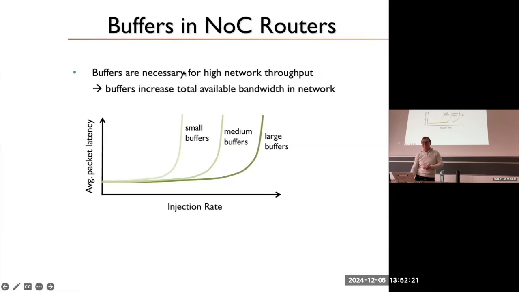If you have small buffers, your throughput will saturate early because you cannot inject enough things into the network. This is very intuitive, right? If you don't have enough buffers, at some point the network will say, I don't have enough buffers, stop injecting. Does that make sense? So buffers really determine the available capacity in the network. Buffers are good in that sense.